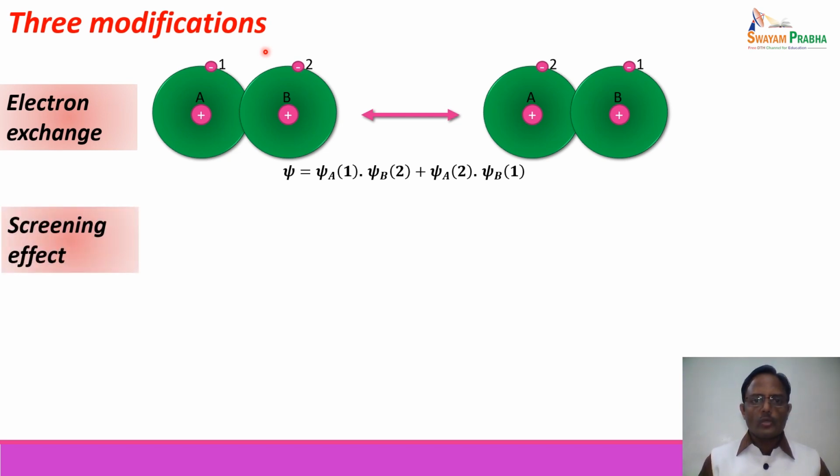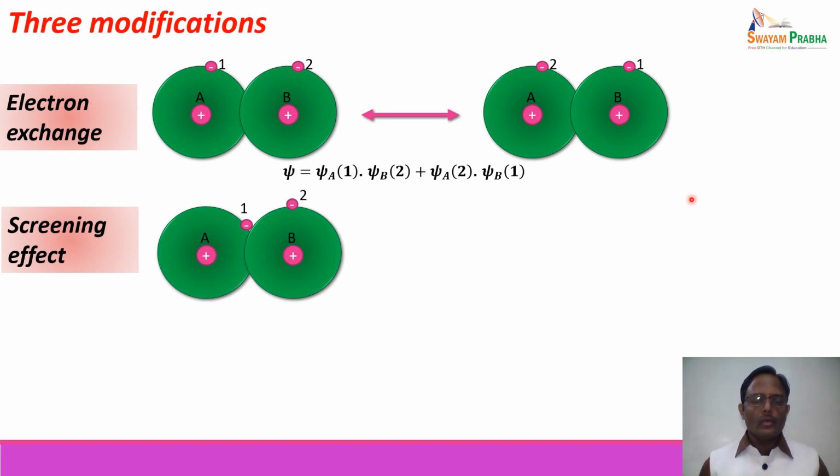The second modification suggested concerns the screening effect. When there is no bond formation and the atoms are isolated, the nucleus and its electron are facing each other and there is no screening or shielding effect at all. But after formation of the molecule, the electrons are revolving around the nuclei.